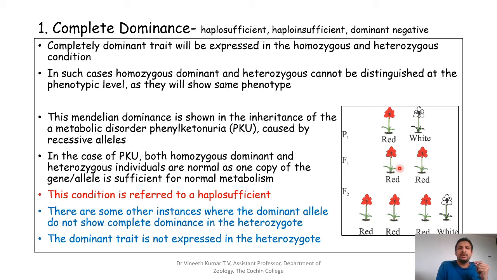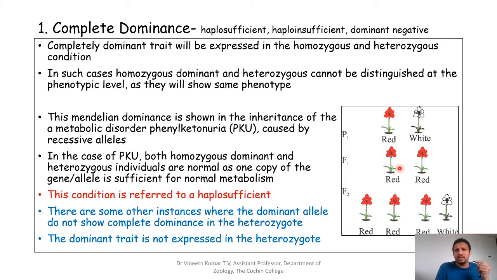In such a case, you can say that only half of that allele is required for the expression of that particular character or that trait. And such type of alleles or such type of condition is referred to as haplosufficient. Haplo means half. That means half dose of the allele is sufficient for the expression of that trait. That is called haplosufficient.